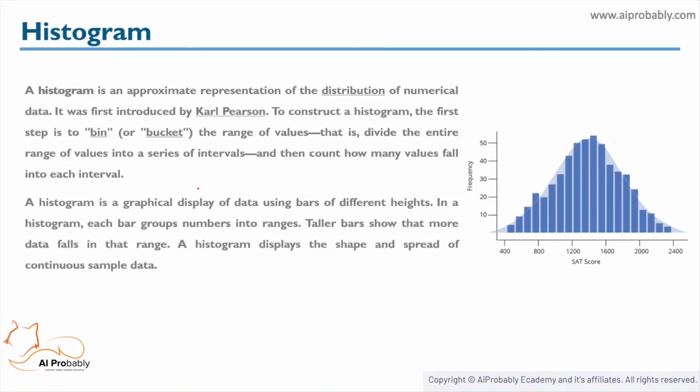The next graph which we have is a histogram. A histogram is almost the same as a bar graph, but instead of discrete values, it is drawn on continuous values. A histogram is an approximate representation of the distribution of numerical data, which is continuous, of course.